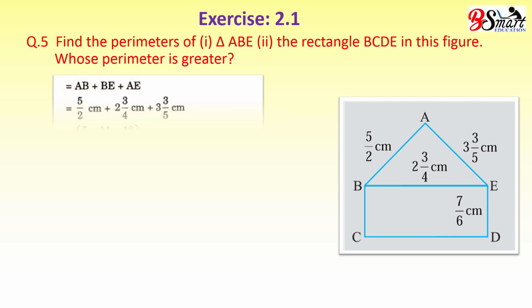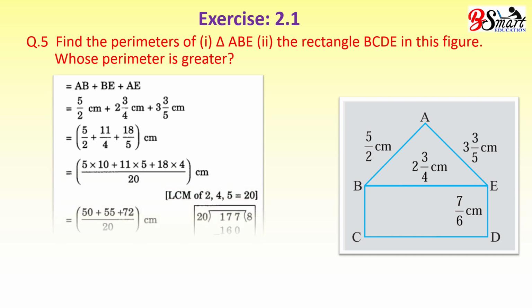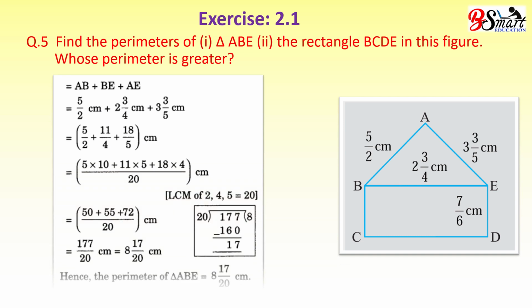Here we have AB plus BE plus AE, that is 5 by 2 centimeter plus 2 integer 3 by 4 centimeter plus 3 integer 3 by 5 centimeter, which is 5 by 2 plus 11 by 4 plus 18 by 5 centimeter.